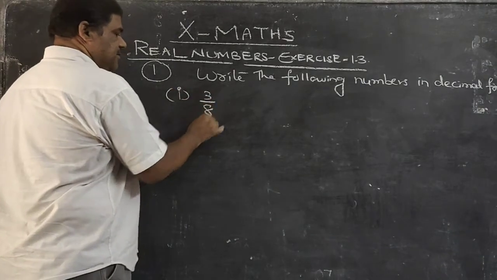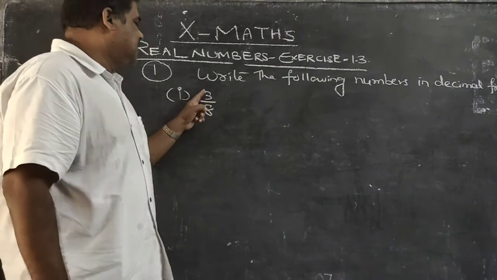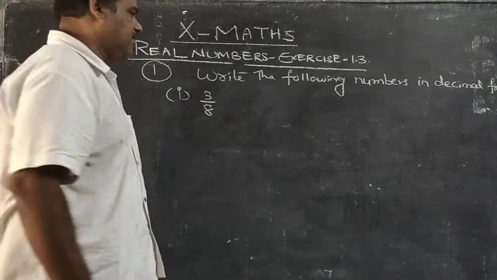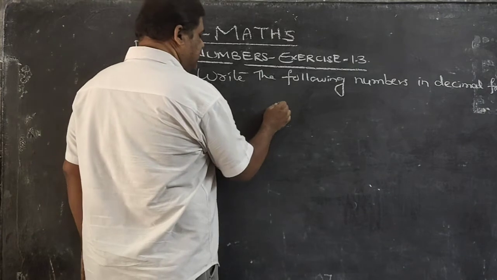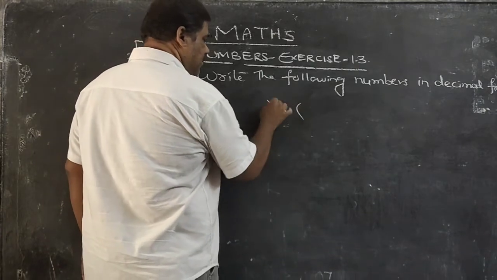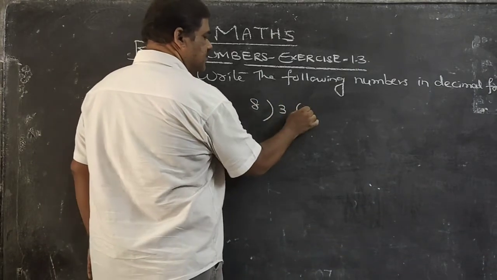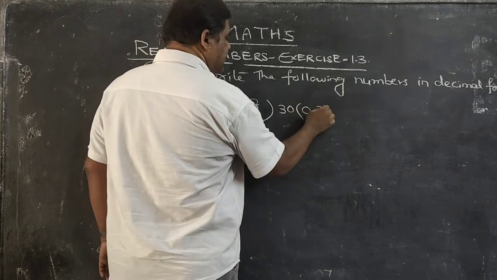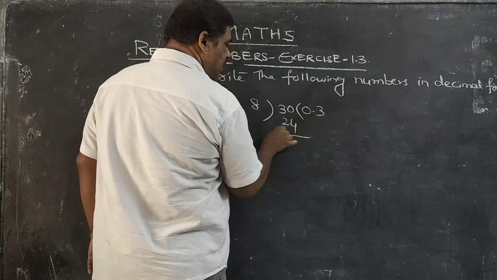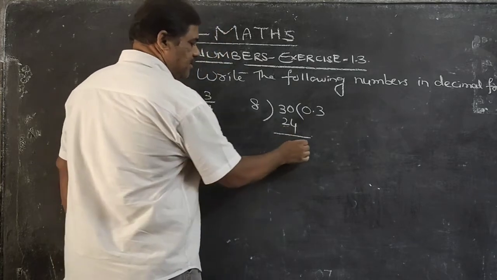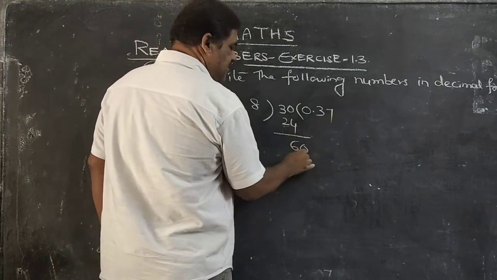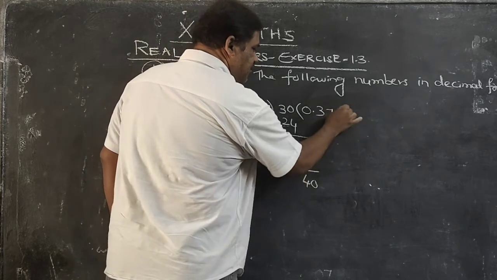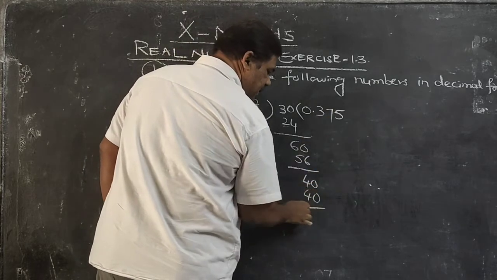3 by 8. Now let us write this rational number 3 by 8 in decimal form. So let us divide 3 by 8. 8 3s are 24, remainder is 6. 8 7s are 56, remainder is 4. 8 5s are 40, remainder is 0.